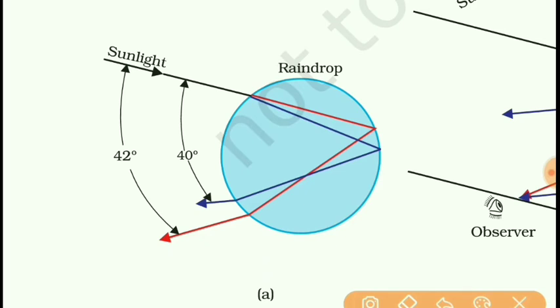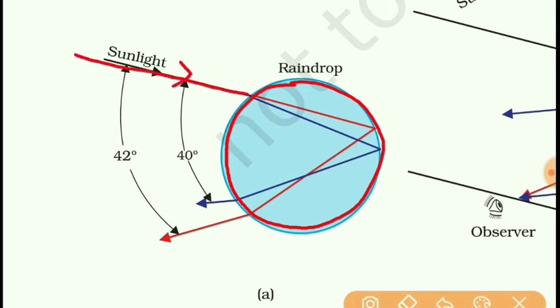Suppose you can see here, this is a drop of water. During rain, when the drops fall from the sky, this sunlight has 2 times refraction and 1 time reflection.